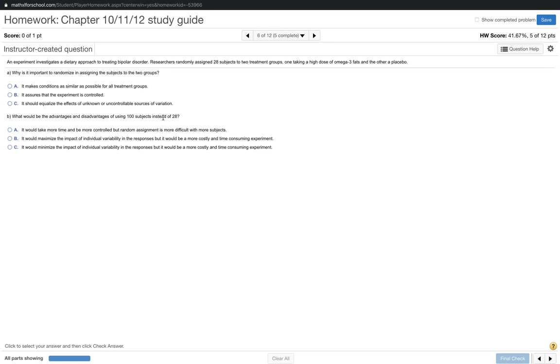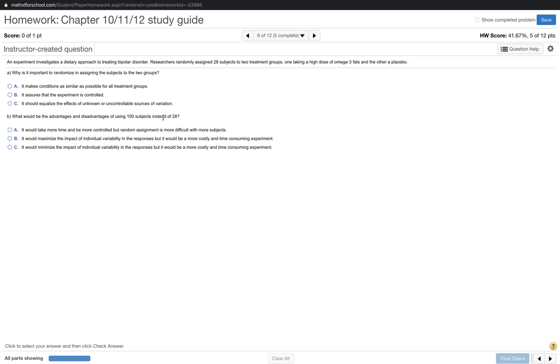It is incredibly important. If you don't randomly assign people to those groups, it could affect the results.